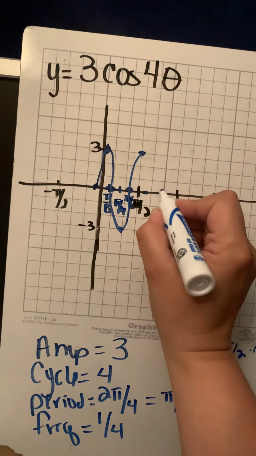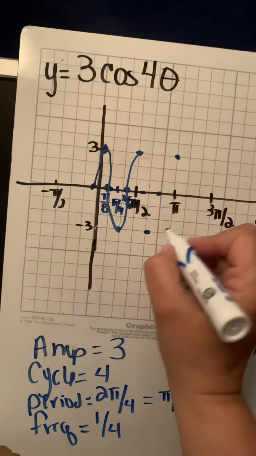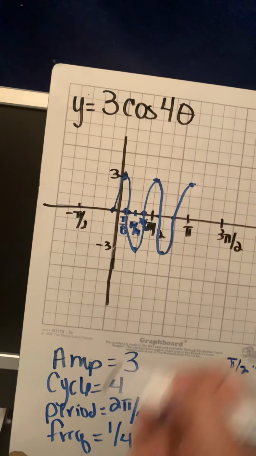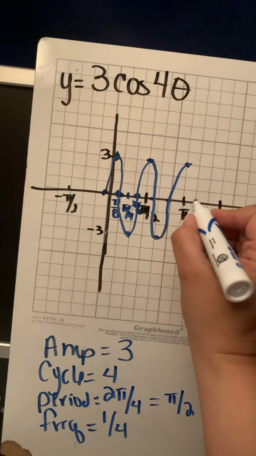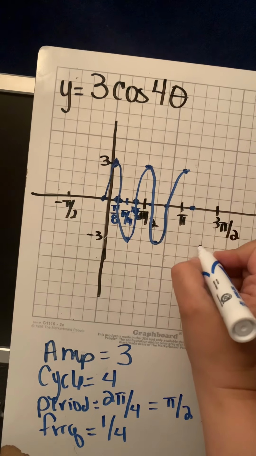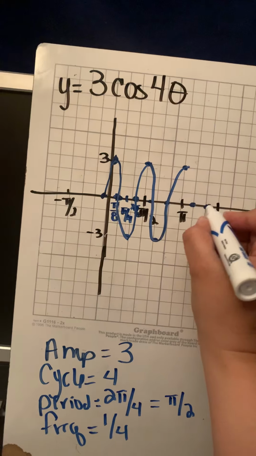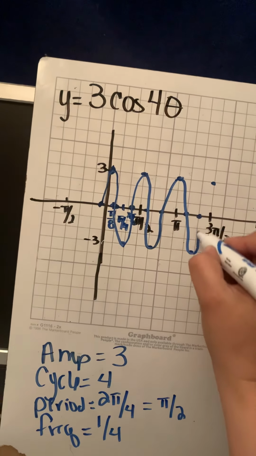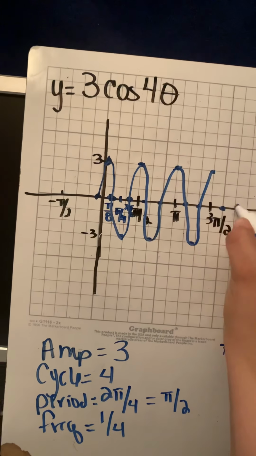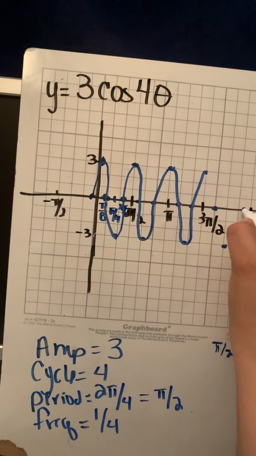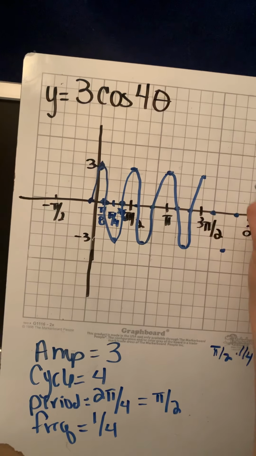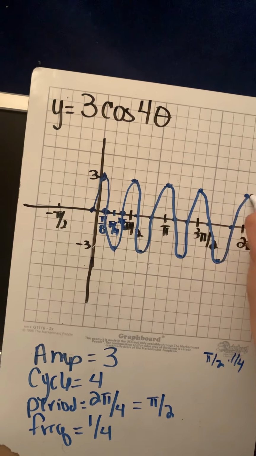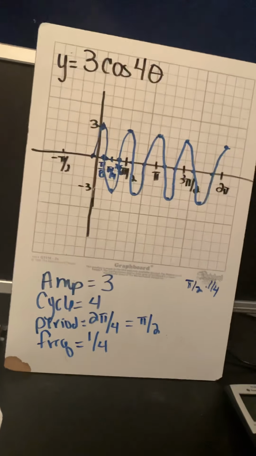I'm going to have another 0 here and an up one. So we're coming down, completing this cycle. Same thing: a down, a 0, and up. 0, down, 0, up. So I completed the pattern.